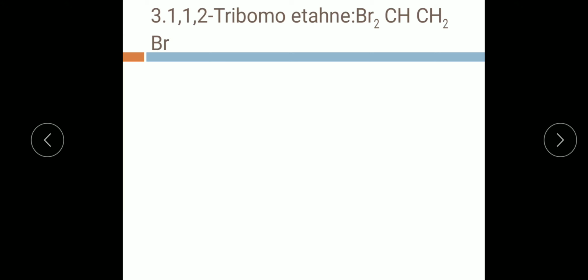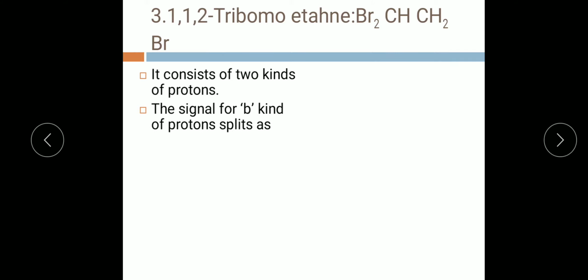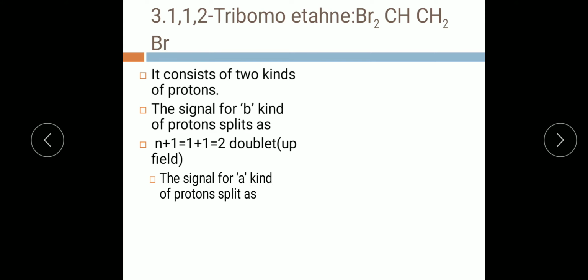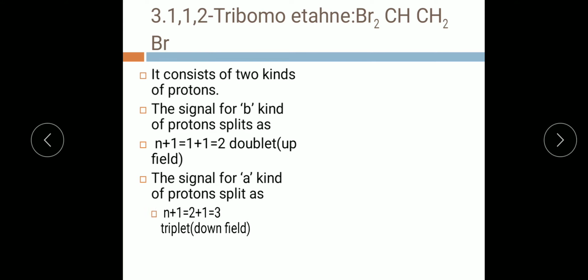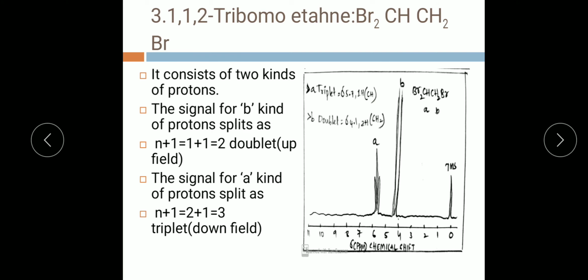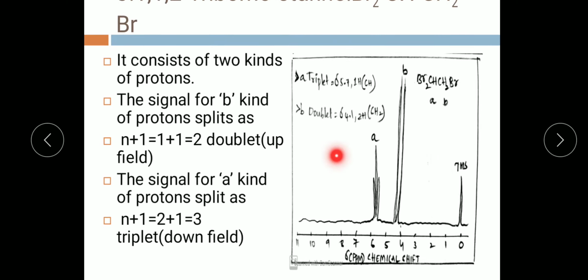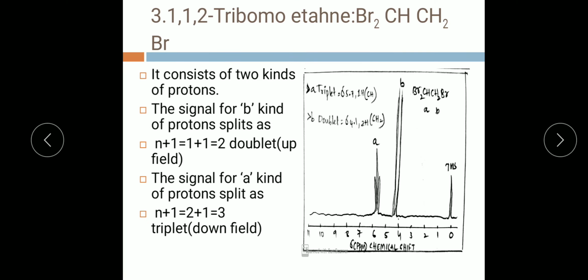And if you go for the other compound, that is 1,1,2-tribromoethane, this molecule has two kinds of protons. The signal for B kind of proton splits as n plus 1, that is 1 plus 1 equal to 2, doublet. The signal for A kind of proton splits as n plus 1, that is 2 plus 1 equal to 3, that is a triplet downfield. Here in 1,1,2-tribromoethane, A means CH.